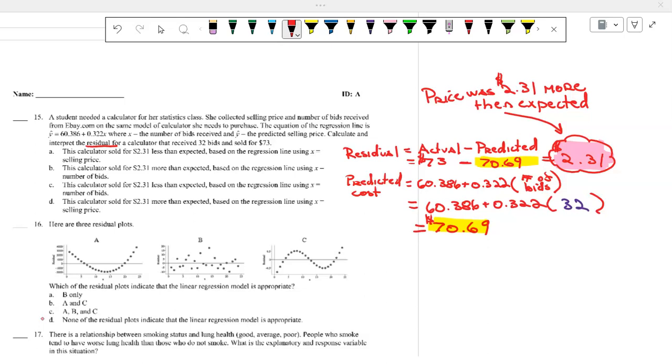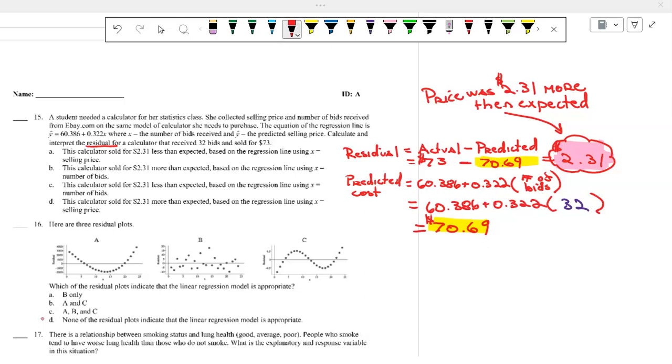That's the predicted cost, where x is the number of bids received and y is the predicted selling price. Calculate and interpret the residual for the calculator that received 32 bids and sold for $73.